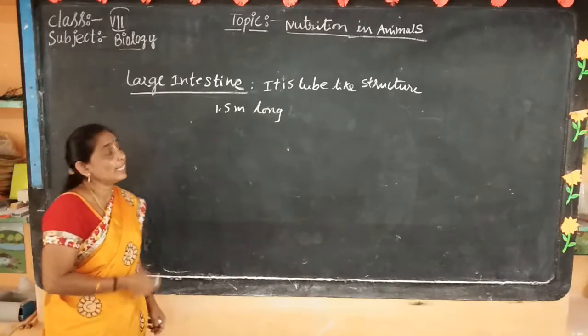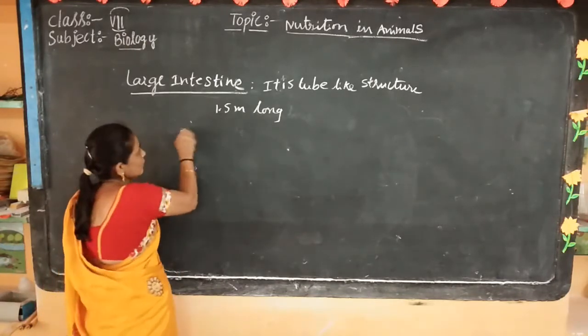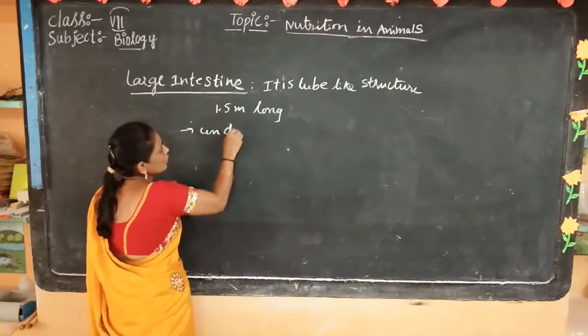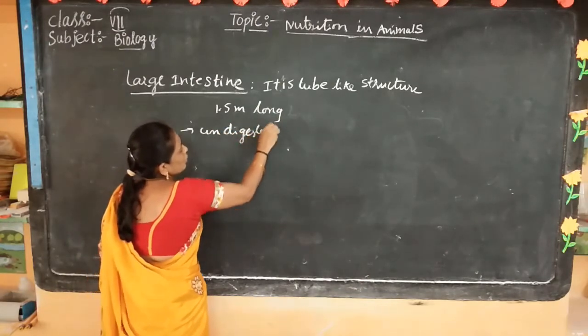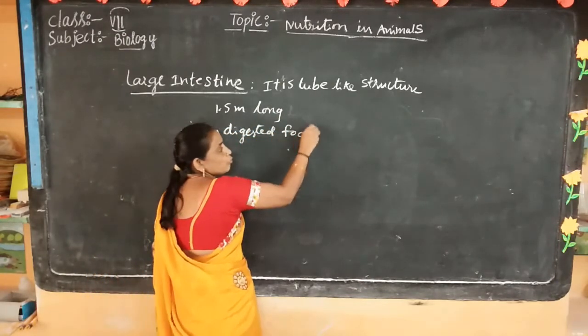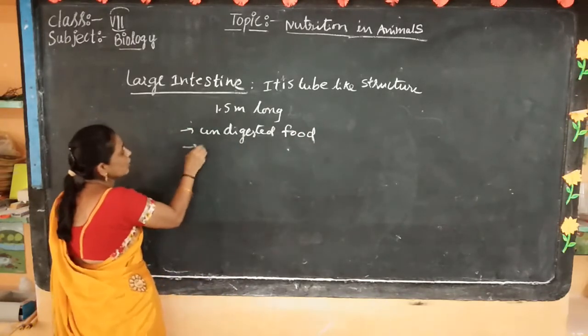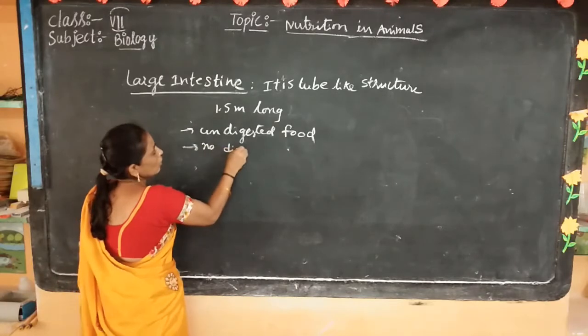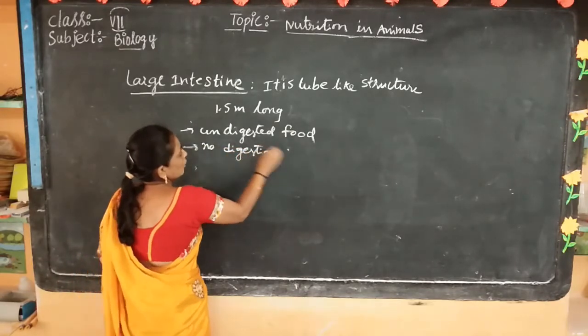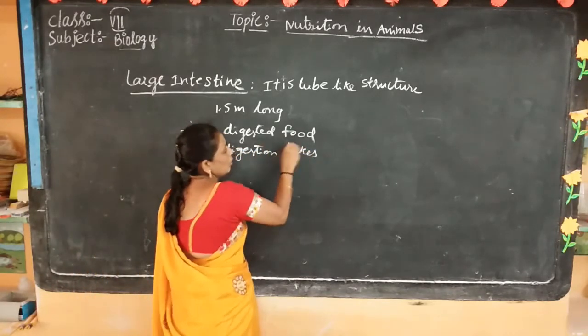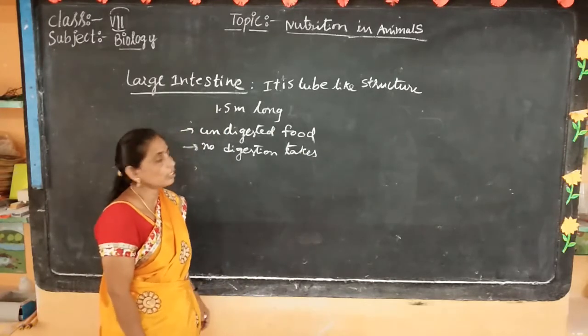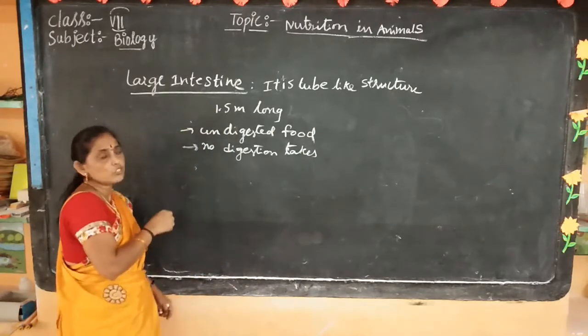Undigested food enters the large intestine. No digestion takes place here because digestion is already completed in the small intestine and stomach.